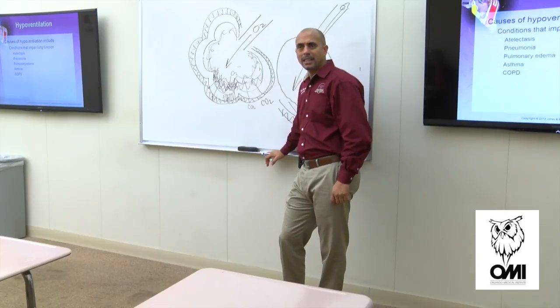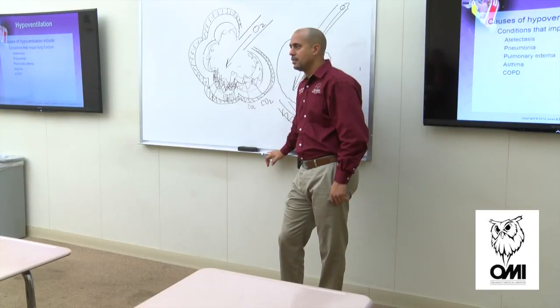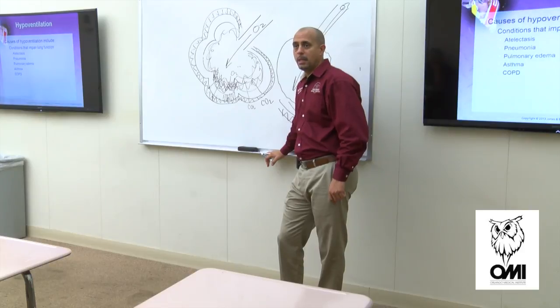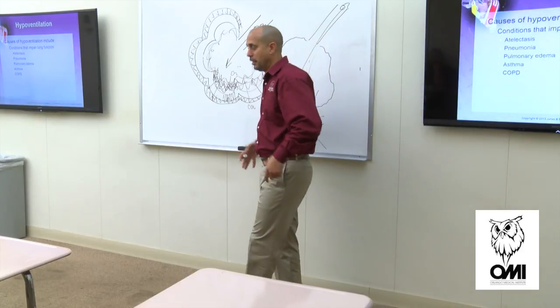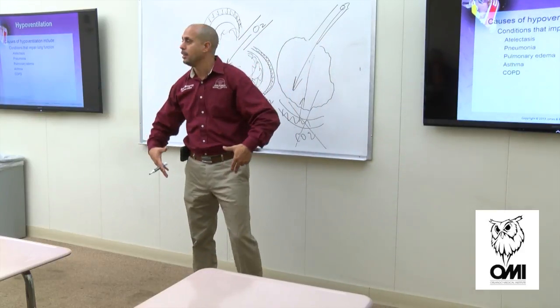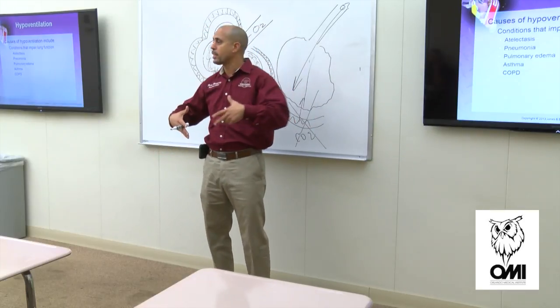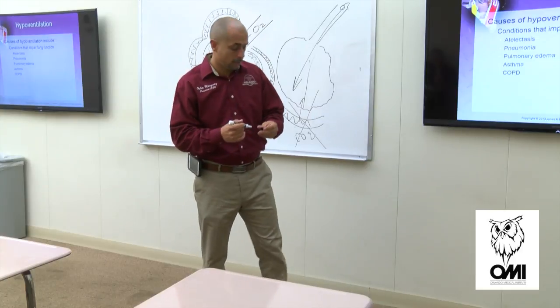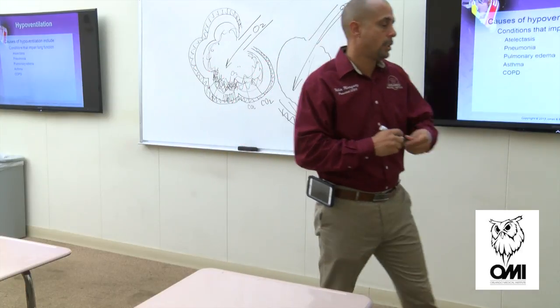So how does the body accommodate that excessive air in the chest wall? They become barrel-chested. Because the body's making room for excessive air. Because it's not going anywhere. All right? So those are the two obstructive diseases we're going to deal with.